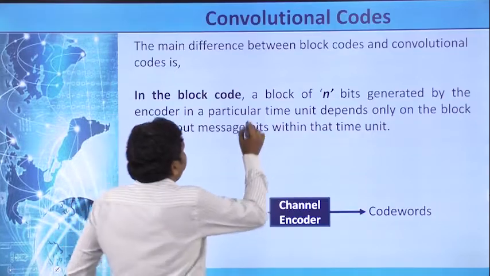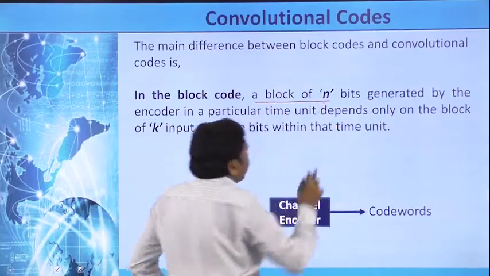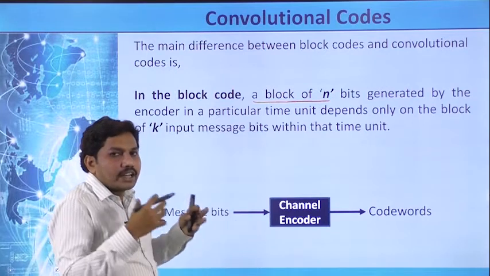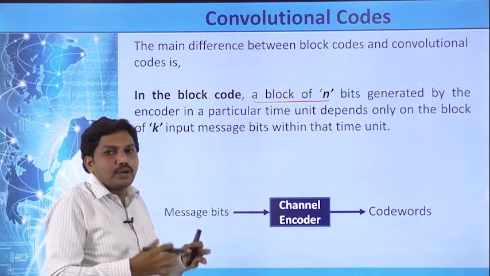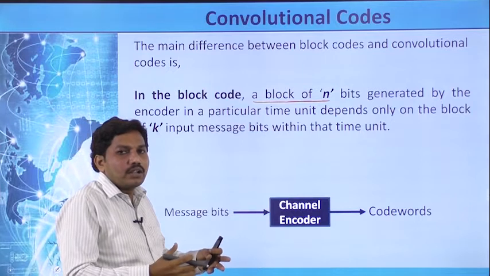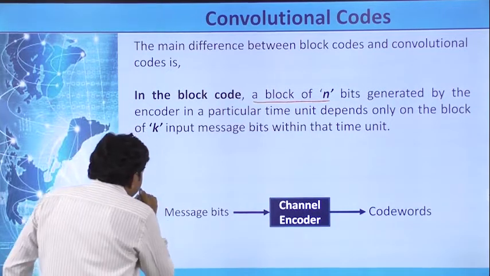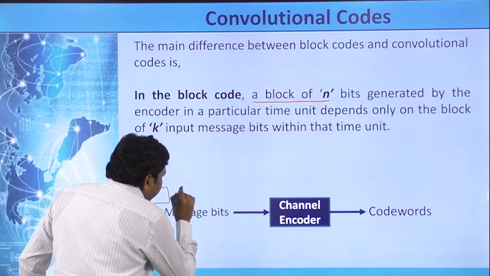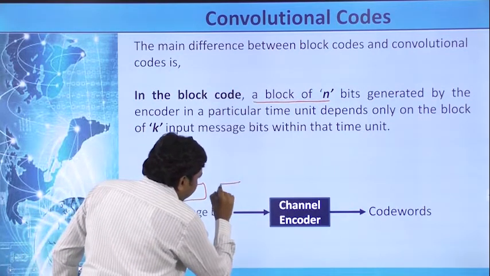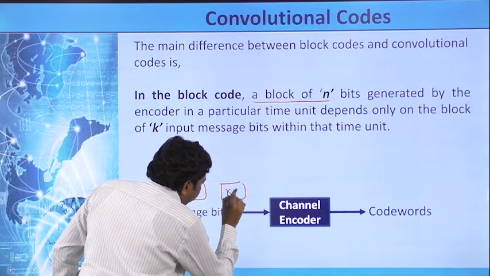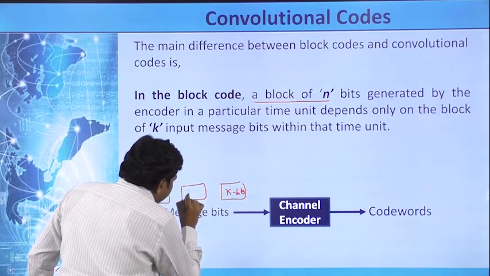In case of block codes, the block of n bits, that means the code word generated by the channel encoder, depends on the present message bits. For example, here I am considering 3 message blocks. This is k bits. This is also k bits.